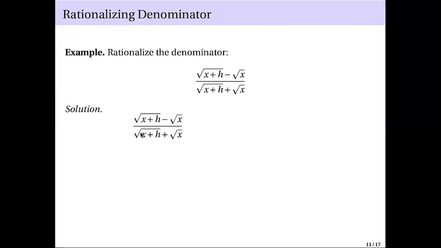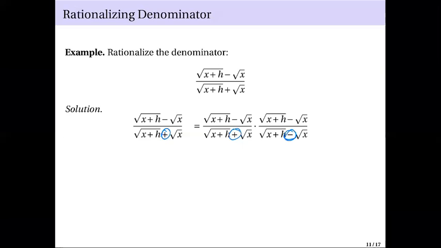The conjugate is, we just replace this plus with a minus. So we multiply and divide this by square root of x plus h minus the square root of x. Okay? So again, because this is plus in here, we need the minus sign.